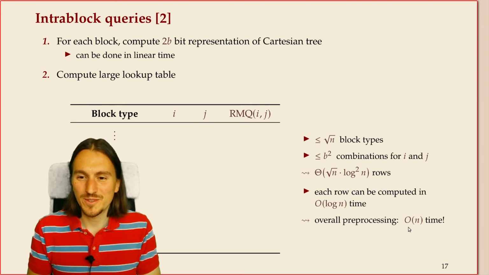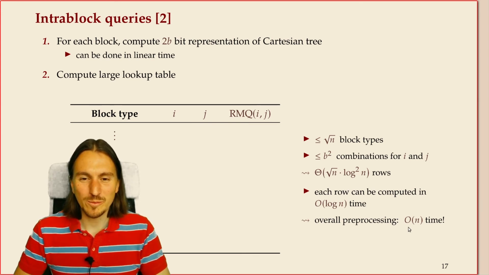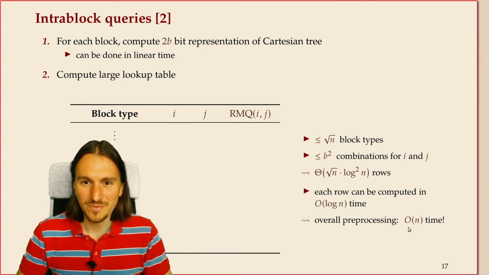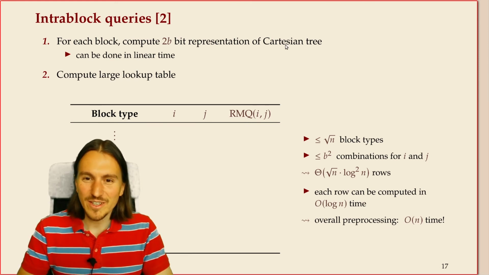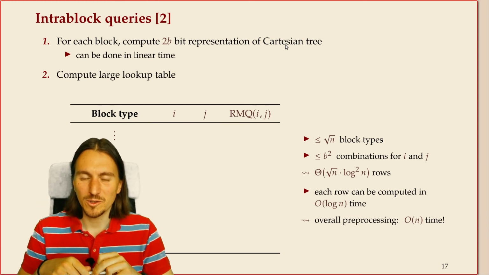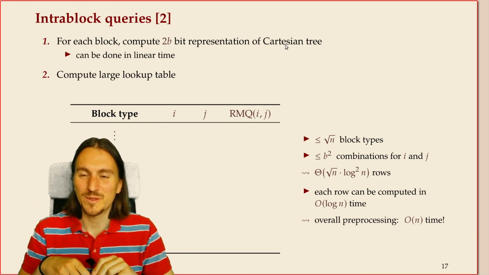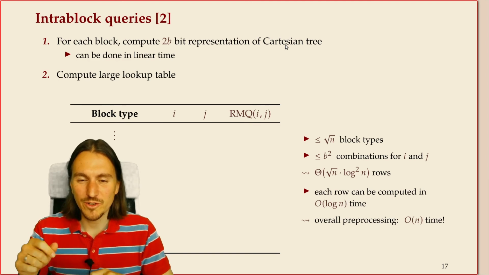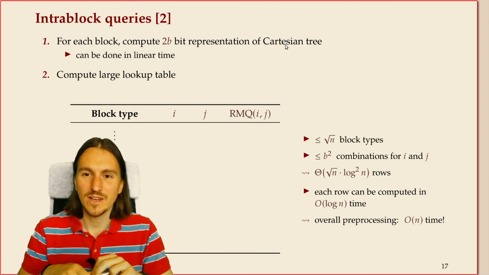So with those 2 steps together, we bring down the overall pre-processing time to linear time by, instead of working out how to solve these small instances really, we do an exhaustive lookup table using the fact that there are only few different types.